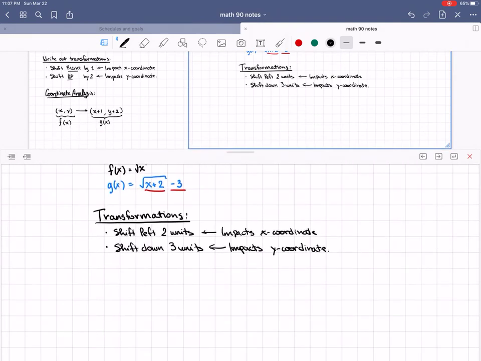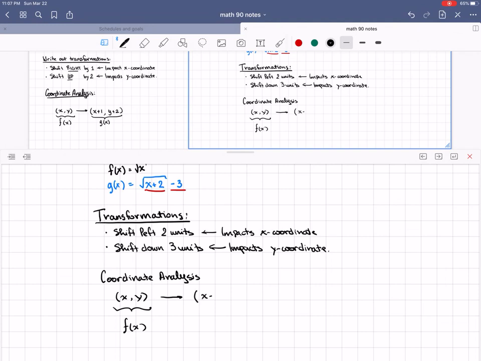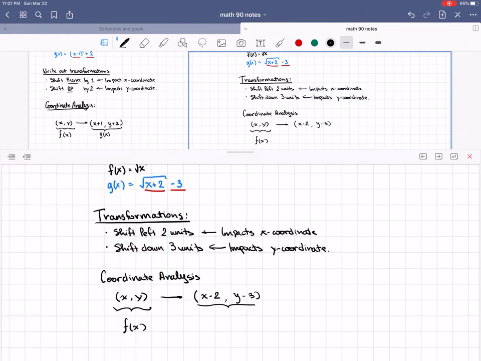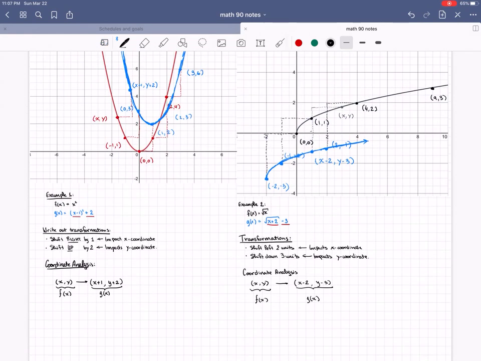Coordinate analysis: if I start with some point (x, y) on the graph of f of x, and then I do both of these transformations on it, the shift left will cause the x-coordinate to go to x minus 2, and the shift down will cause the y-coordinate to go to y minus 3. So that is the coordinate analysis for this couple of transformations.